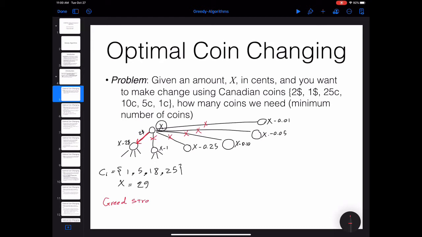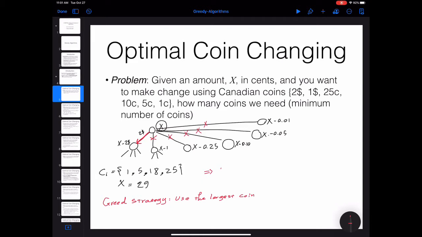is to use the largest coin. The answer for this problem using the greedy strategy is going to be, so the largest coin which is smaller than the amount I have is 25.